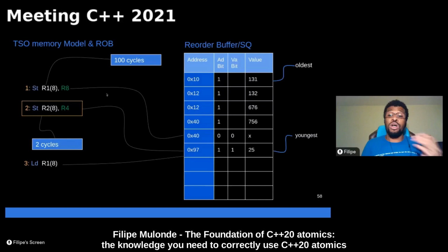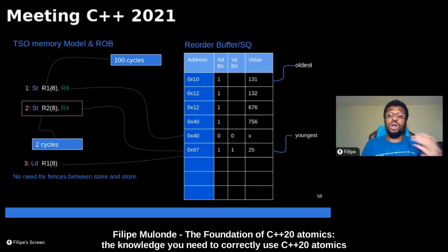Why? Because the reorder buffer is a first-in, first-out structure. And this is how we provide precise exceptions. And this is how we don't need fences between stores in the x86 architecture.